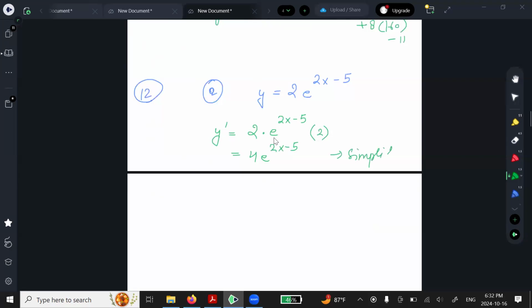Simplify first, and this is important, especially when you're doing the second derivative. Otherwise, the question will look a lot more difficult than it is. So you get 4e to the power 2x minus 5 times 2 again. So you get 8e to the power 2x minus 5.